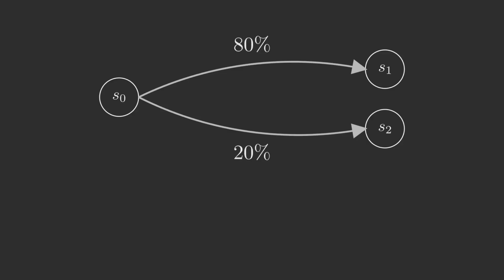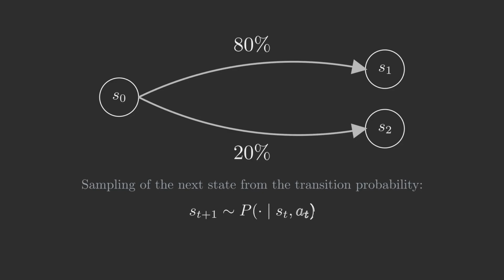And in 20% of the cases, we end up in state 2. Formally, we can write the sampling of the next state from the probability distribution over all possible next states as this, where the next state is drawn from a conditional probability distribution that depends only on the current state and the current action.